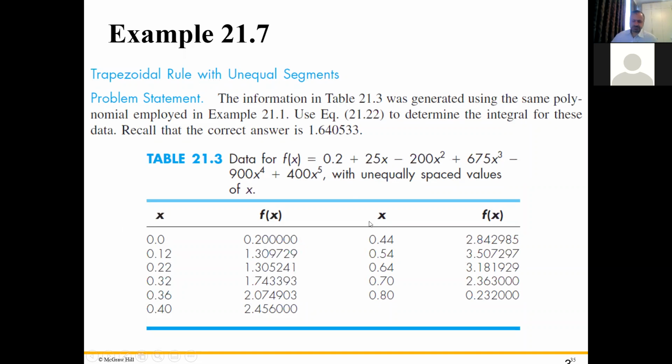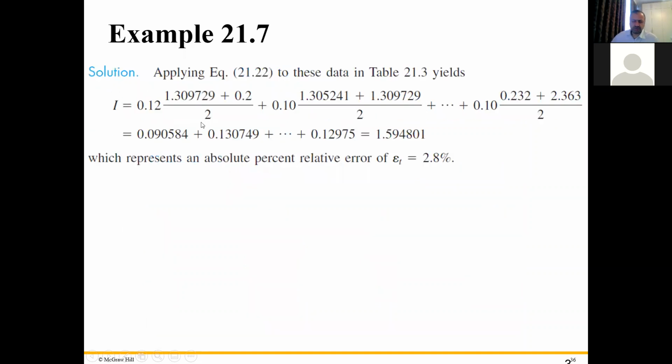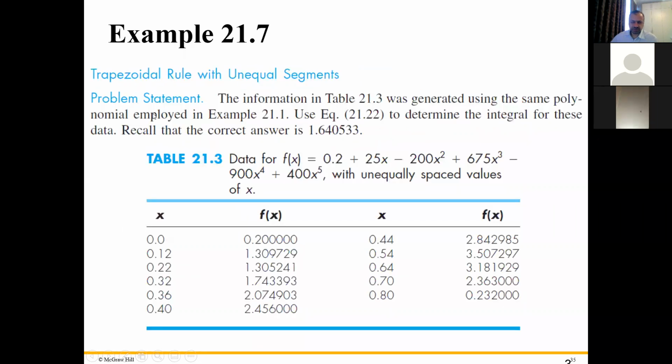So in this case, you will integrate it segment by segment. So you will take the first segment whose width will be 0.12. As you can see, 0.12 minus 0 is 0.12. And its end points are 0.2 and 1.3. So these are the functional values. So for example, if we put x is equal to 0 into this equation, we get this value.